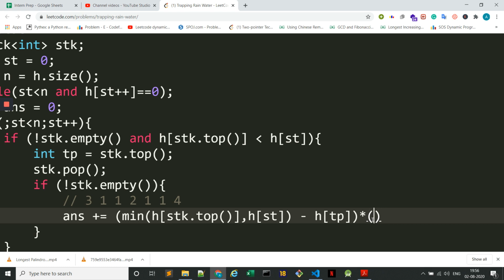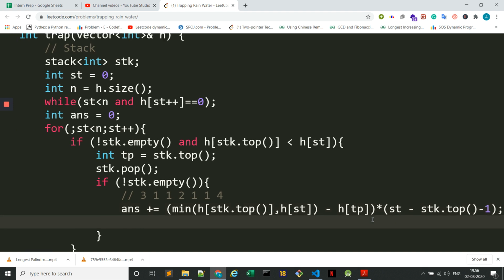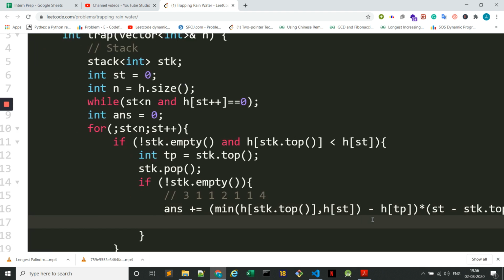The current index is st. This st is kind of misleading, it should be ed, but let's say st. We will just work with stk.top and -1. Why -1? Because we do not want to include any of the borders.